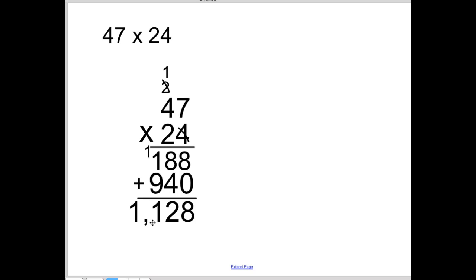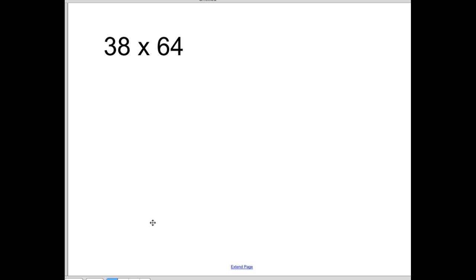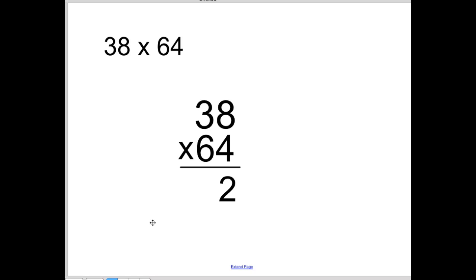Alright, the next one is 38 times 64. So again, try to use the standard algorithm to solve this problem. 38 times 64. First again, I'm going to stack them on top of each other.